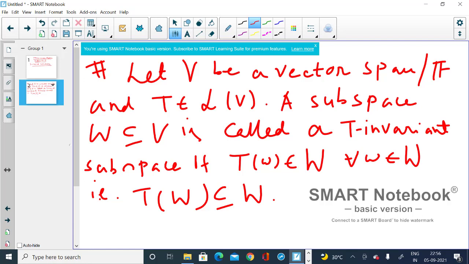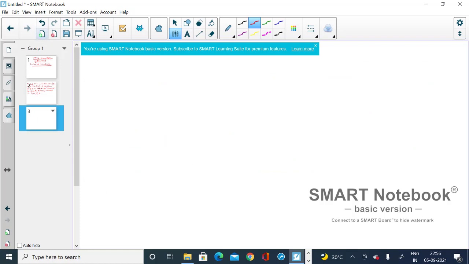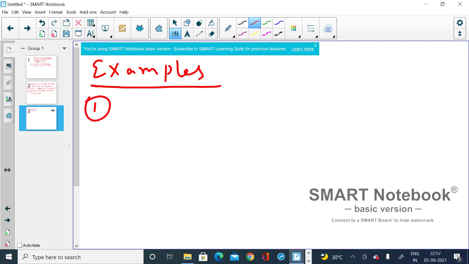Now obviously, what are the natural examples? Given any vector space V, we always have two trivial subspaces.